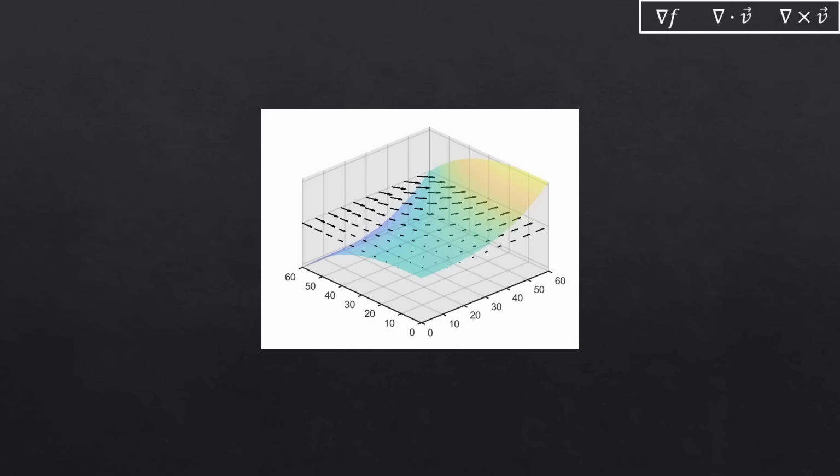I kinda like this one, so I'll make a conclusion with this one. So when we're given a scalar field, the gradient of that scalar field shows all the trends toward the higher scalar values. It's like if we want to create this hill, we need to gather sand in this direction, right? Okay, so that's what the del operator does to scalar fields. It gives us this kind of information.